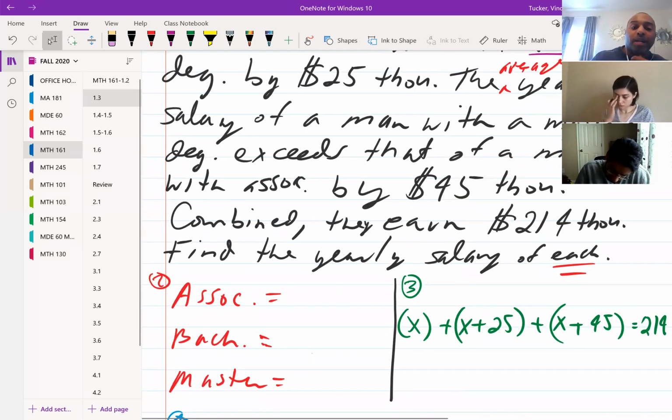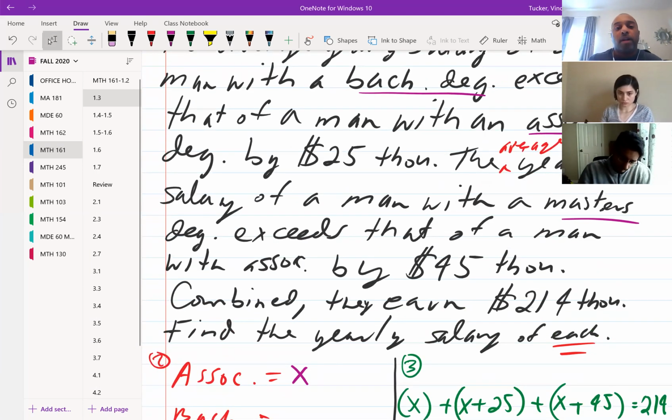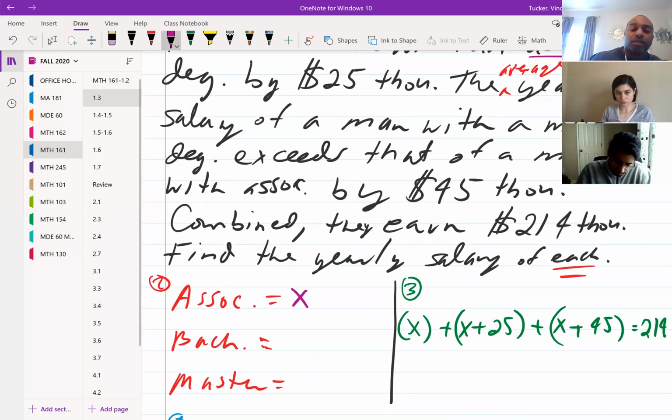So what we can do is let the associate's be X. Then the bachelor's would be X plus 25, because he exceeds that of a man with an associate's by 25. And the master's would be X plus 45, because he exceeds that of a man with an associate's by 45.